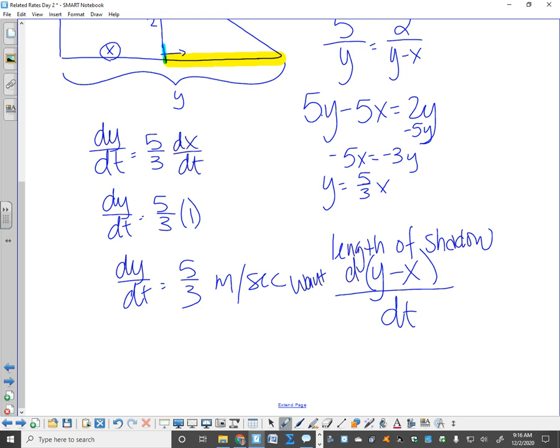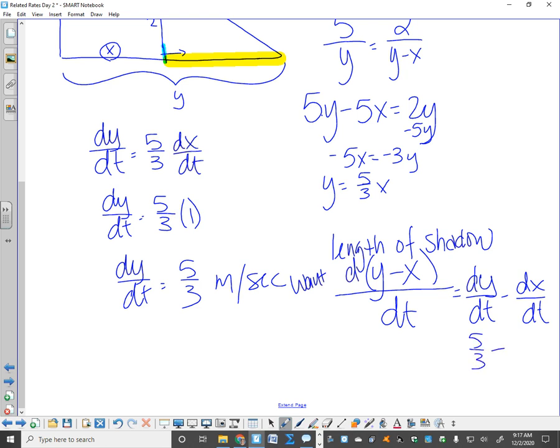Well, I want the rate of change of the shadow, and the shadow is y minus x. So I want d(y minus x)/dt. Fun fact about this, it's the same thing as dy dt minus dx dt, which I know both of. It's 5/3.